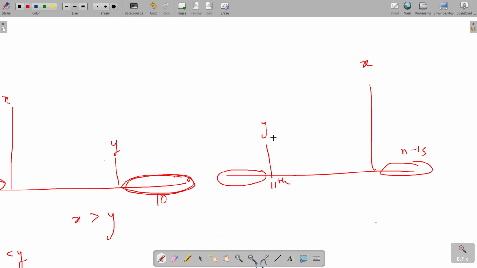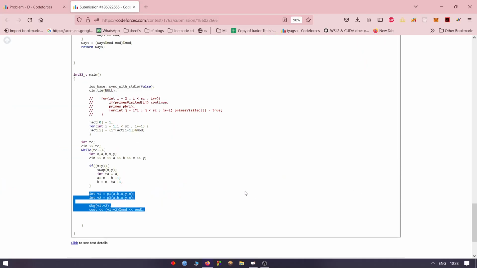And you will just change the naming. Because we assumed that x was less than y, you will now call this x new, and this y new, and you will call this index a, and this index b. So you're just reversing the array, and you will find the answer the same way. So this is what I've done.